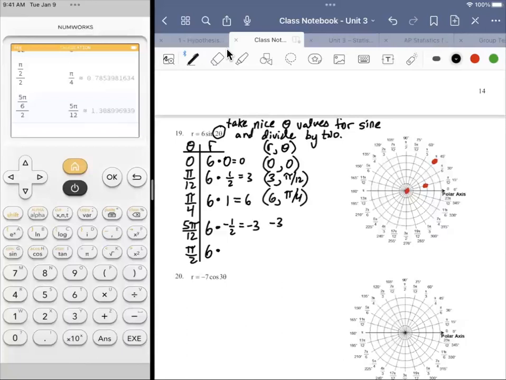So -3, 5 pi over 12. So 3 steps away from 5 pi over 12. So that's going to be down in this neighborhood. 1, 2, 3.